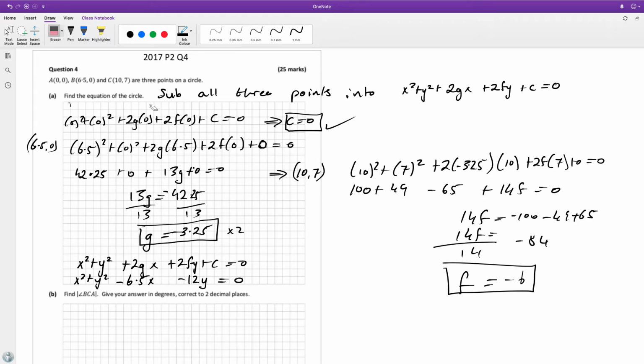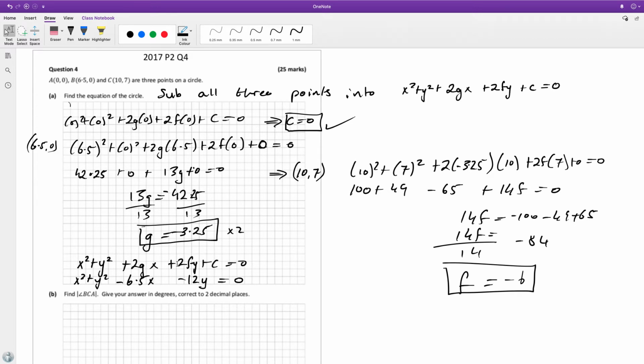We all happy with that? I've always left it as x squared plus y squared. Yeah. Some people might do it different. I've always left it like that. I'm sure there's a reason he taught that.